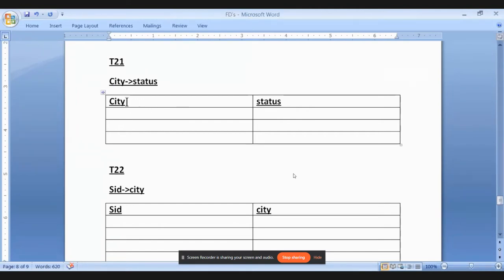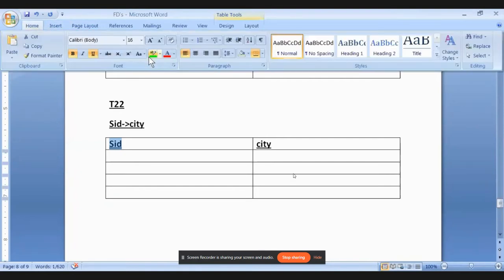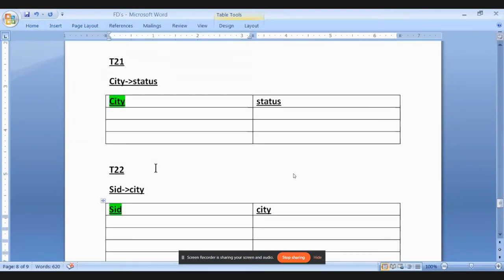So city is an attribute which is determining all the attributes of the relation. Hence, city is a candidate key. Who is the candidate key of T22? SID. Why? Because SID determines SID, SID determines city. So it is determining all the attributes of the relation. Hence, SID is the candidate key of this relation.